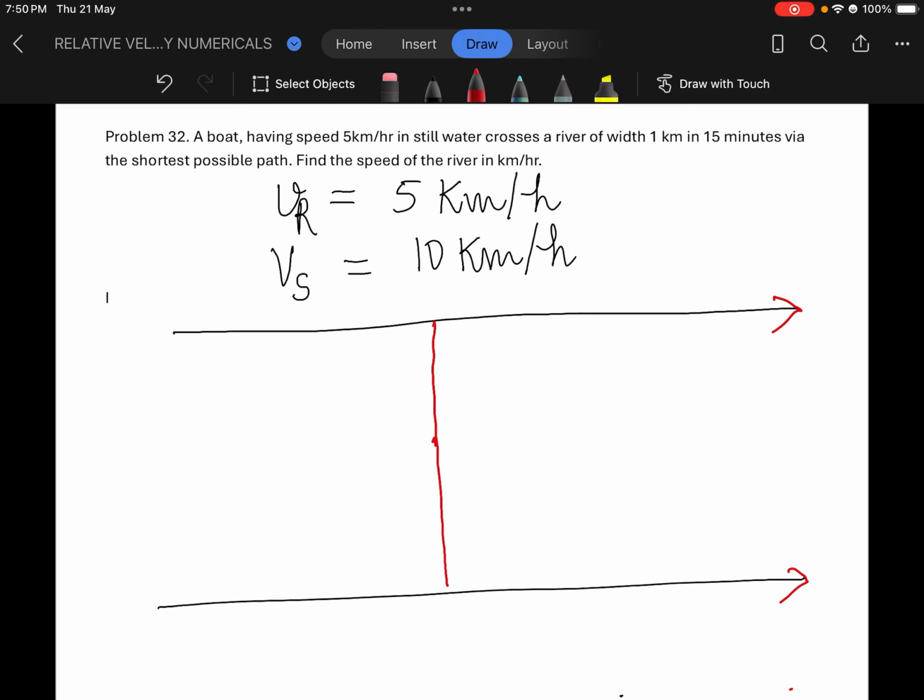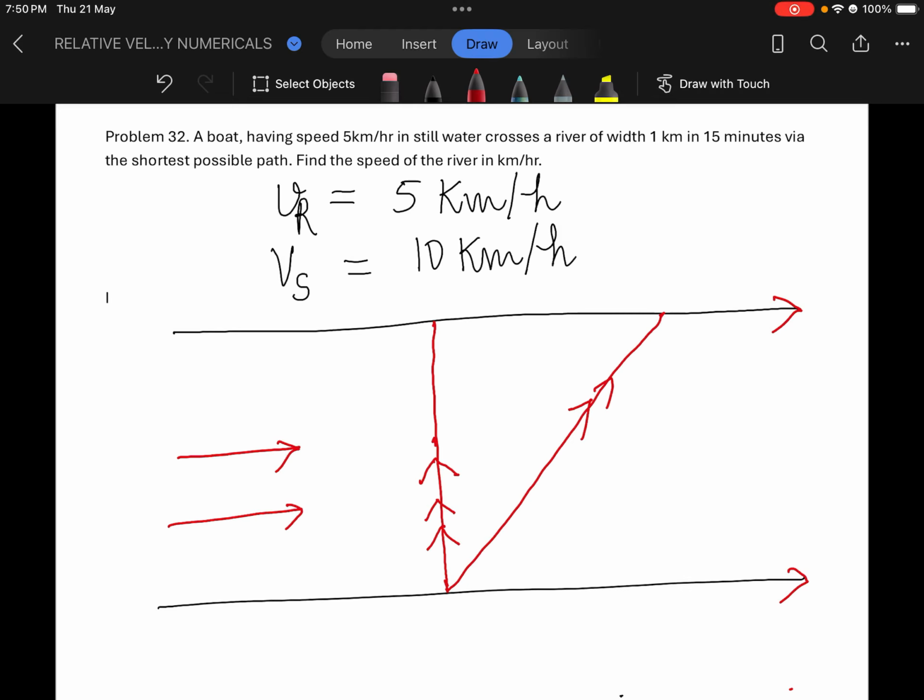If the swimmer keeps his strokes in this direction, what will happen? Because of the flow of the river current, his direction will become this.